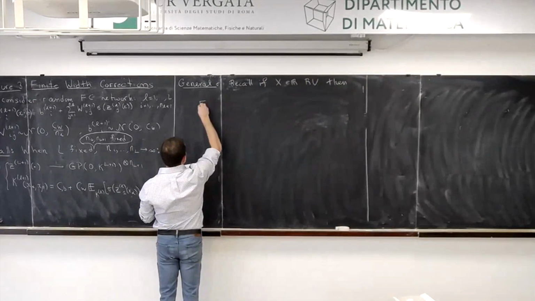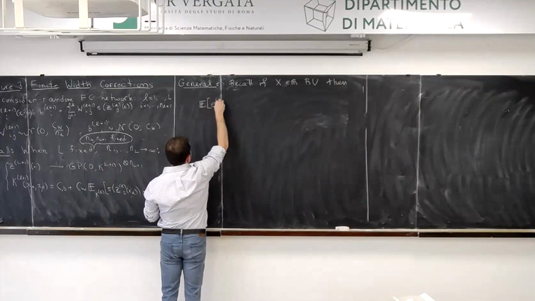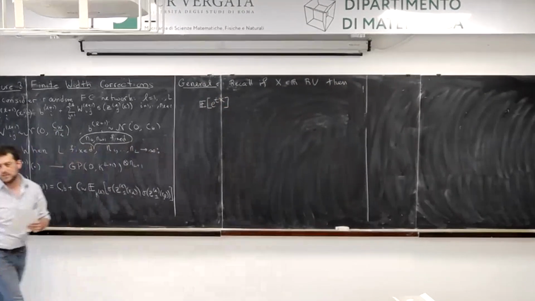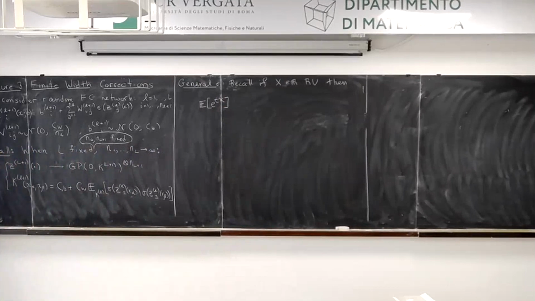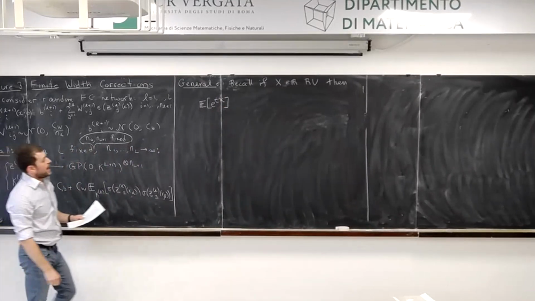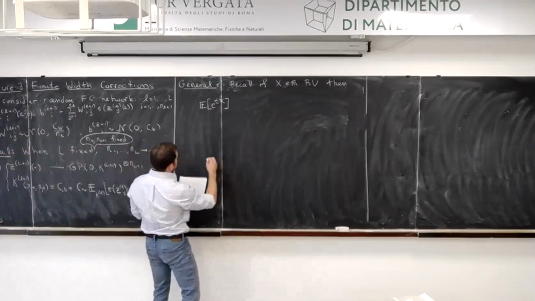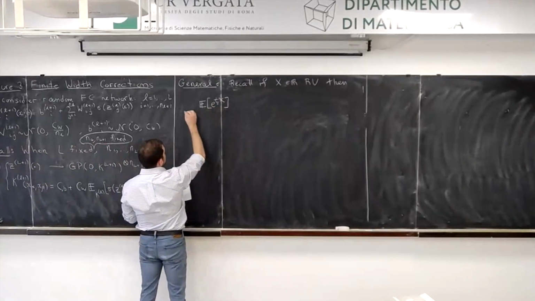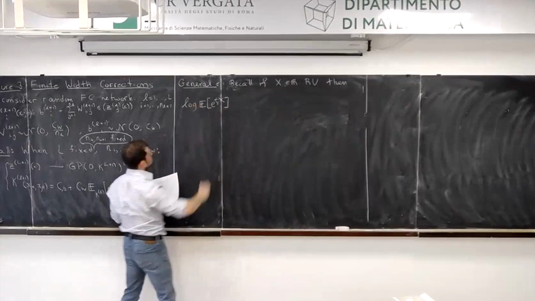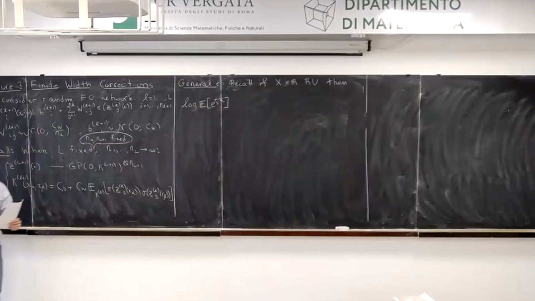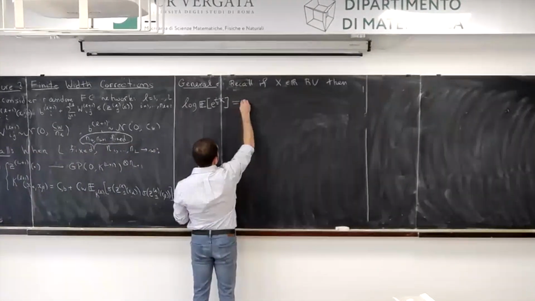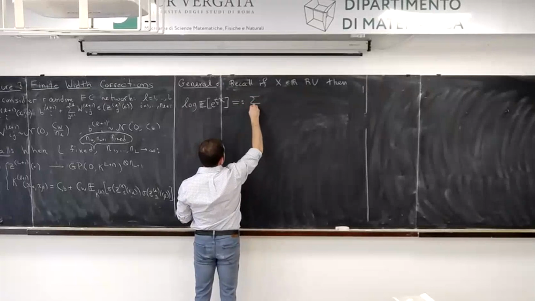You can take the expectation of e to the tx, the moment generating function of x, the Laplace transform, you can call it whatever you want. And now what you do is you view this as a power series in t, and you take the logarithm of it. It seems like a random operation if you've never seen it, but no one can stop you from doing this. And you can define the resulting power series in t like this.